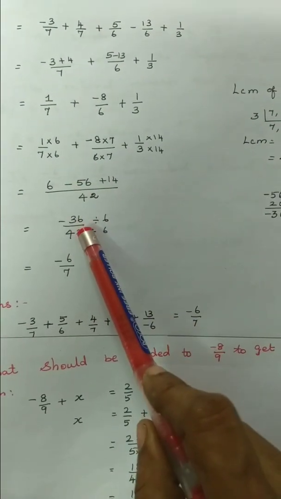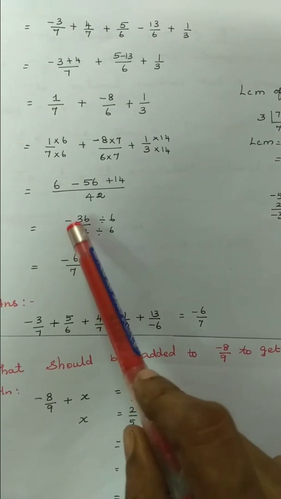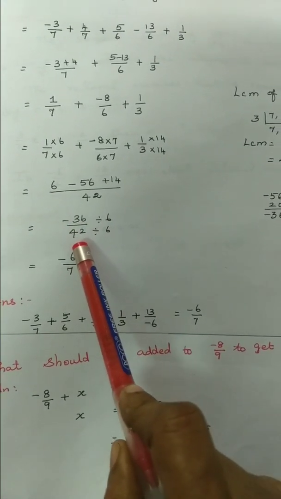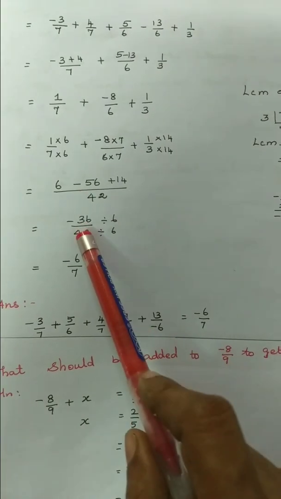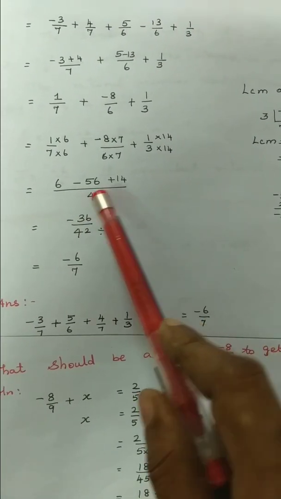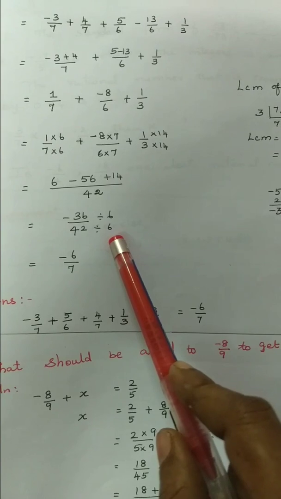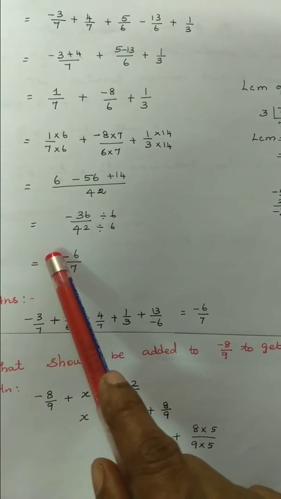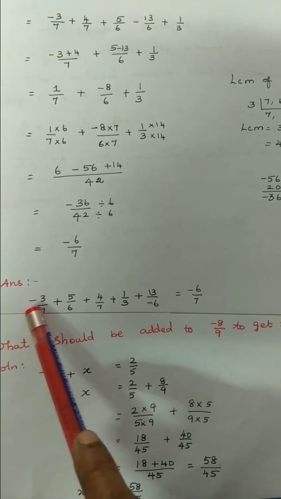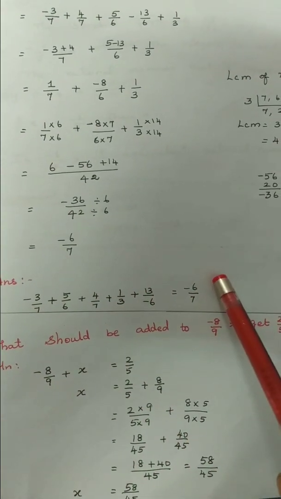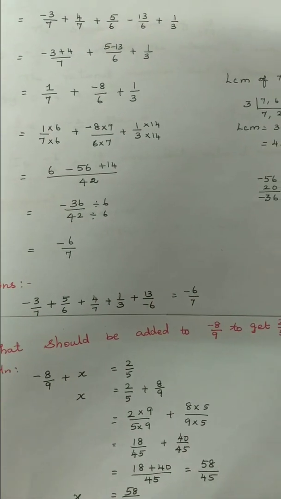The bigger number's sign is minus. So minus 36 divided by 42. These two numbers are in the 6 table, so you are dividing by 6. So minus 6 by 7. The answer for this is minus 6 by 7.